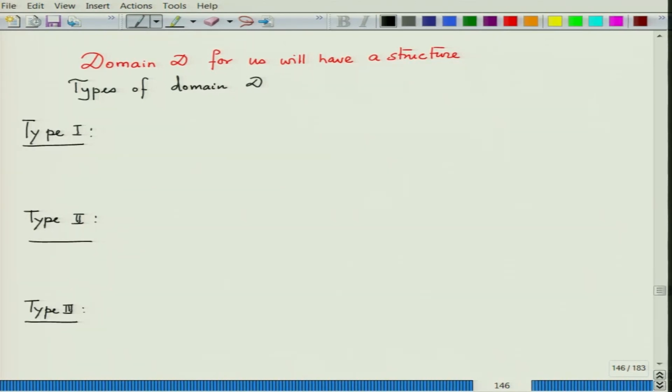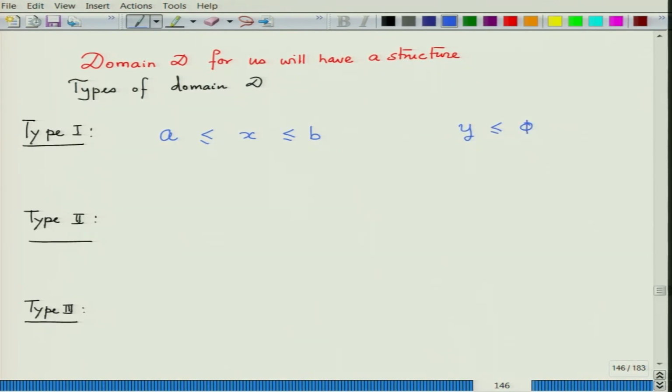Type 1 domain is when I have given you the domain where x lies, and I say that y lies between two functions of x when x is defined between a and b.